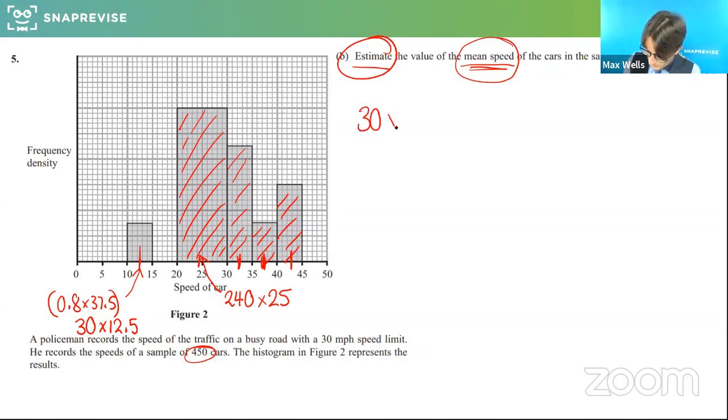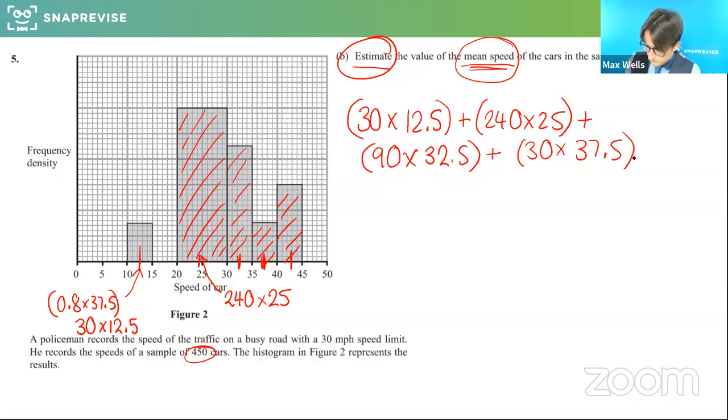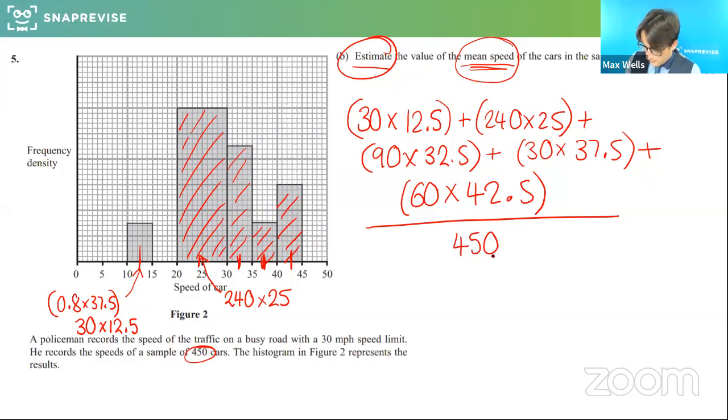So we do 30 times 12.5 plus 240 times 25 plus 90 times 32.5 plus, I think this is the last one, 60 times 42.5. Yeah, that was the last value. All divided by 450. And I think I agree, 28.83.